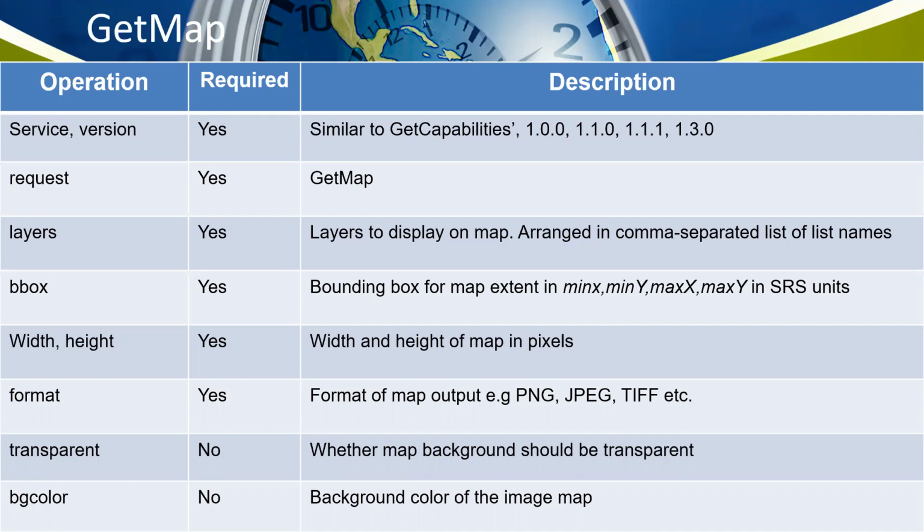These extents are in minimum X, minimum Y, maximum X, and maximum Y, and these units are usually in spatial reference system units, not the pixel units. They're in the SRS units. Then we have the width and the height, so this is where we talk of the pixels.